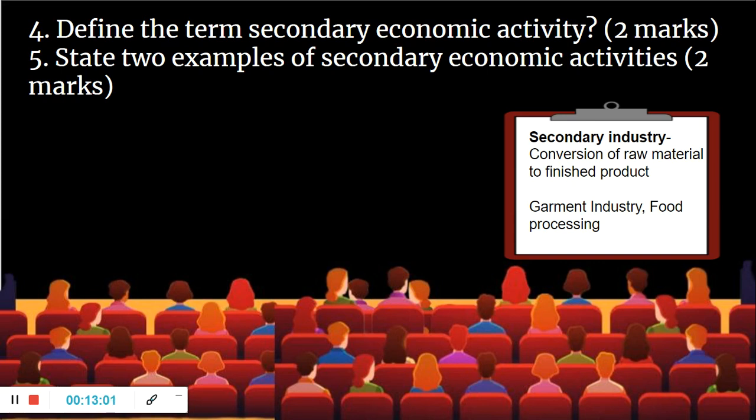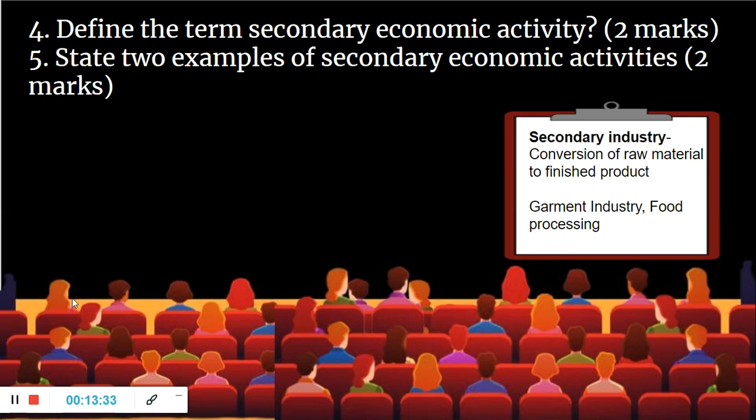And the second part of the question is asking for examples of economic activities. 2 examples. Again, you just need to state the examples, no details necessary. So examples would include garment industry, food processing industry, oil refining, etc. All right.